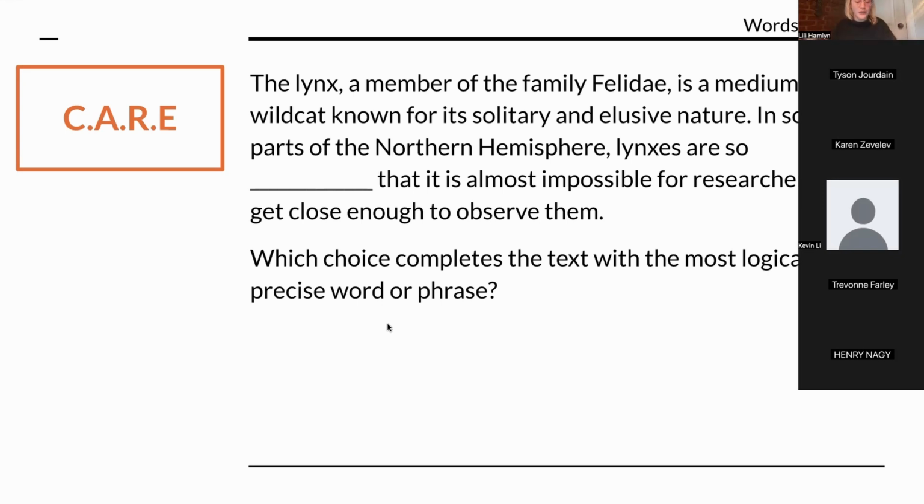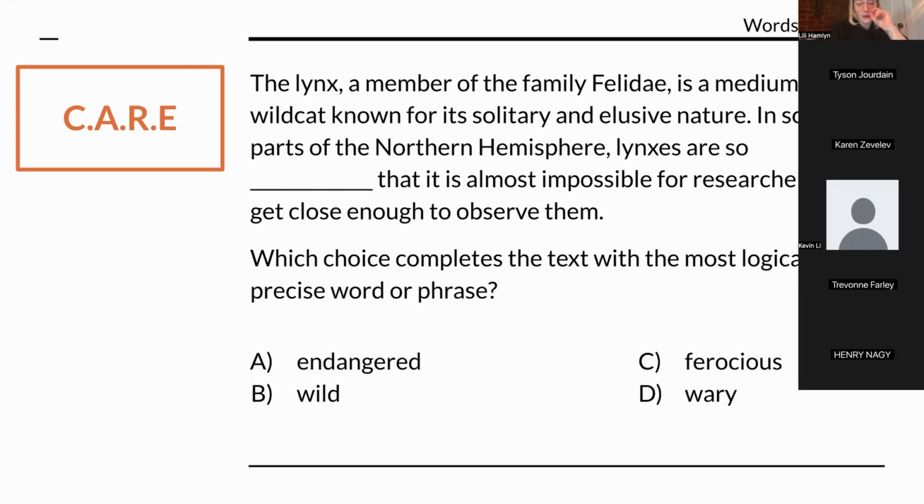If we've covered our answer choices, now we need to look at our anticipations and decide which words in the text can help us. Yeah, I think impossible for researchers to get close enough is really important here. And yes, exactly, the solitary and elusive nature.